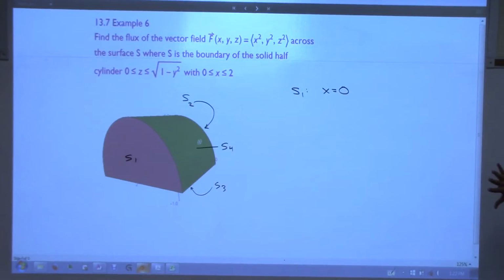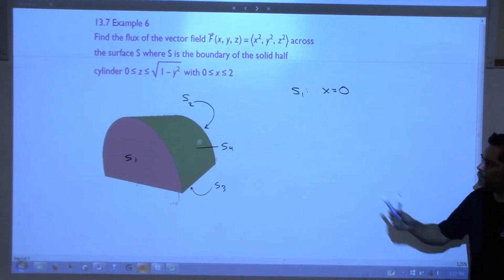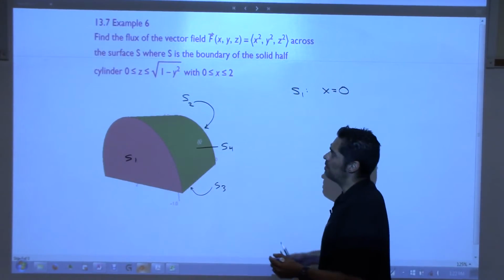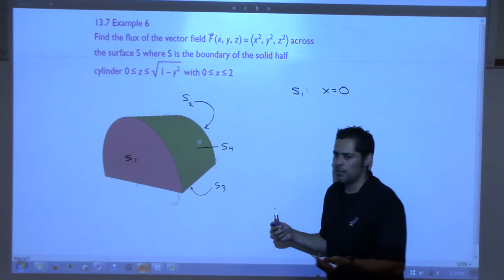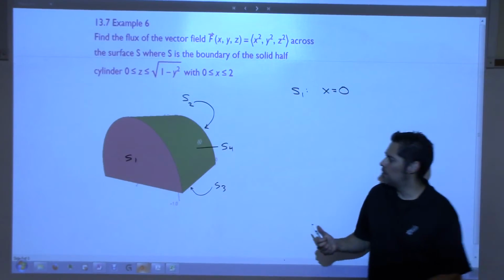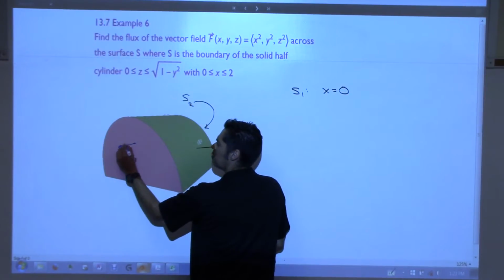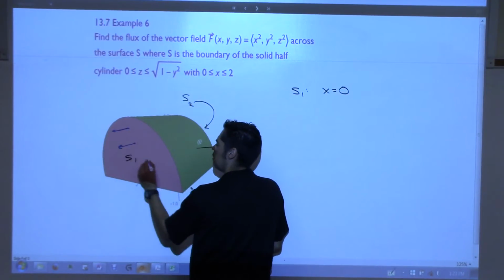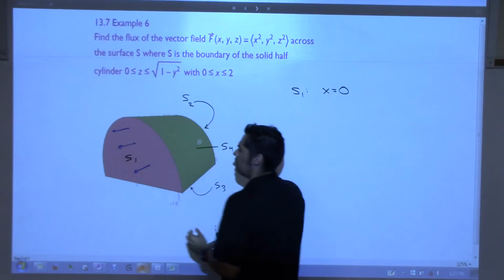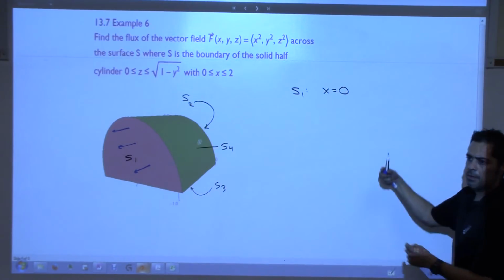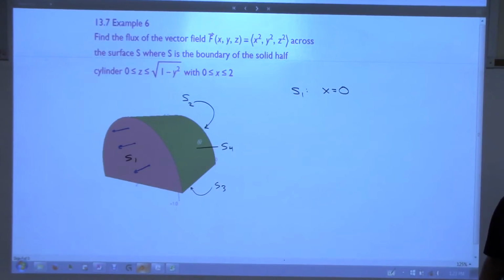When we had that flat surface like that, can you tell me about the normal vectors for that S1? If this is positively oriented, meaning normals go out of the solid, what do all the normals that come out of this have in common? 1, 0, 0, right?